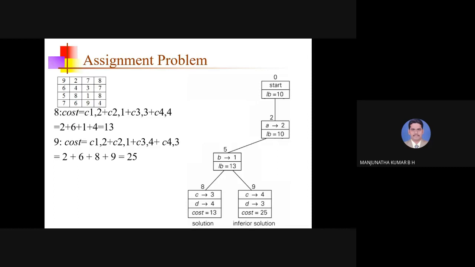Please observe this video 2 or 3 times, then solve the same problem again and again. It is very important that selecting the cost values from the cost matrix is done carefully, because we have to choose the cost without violating the problem constraints also. That's why. So this is how to solve the job assignment problem using branch and bound.